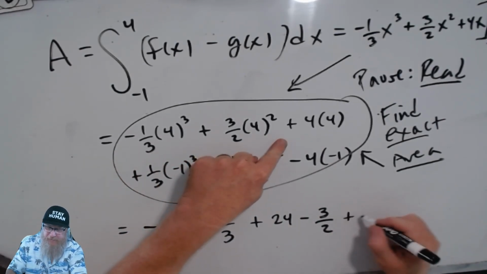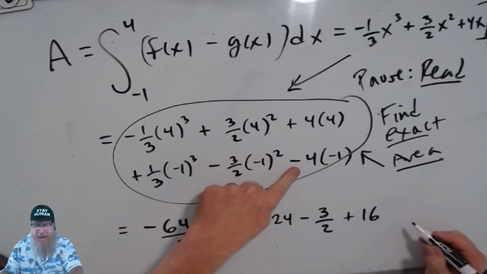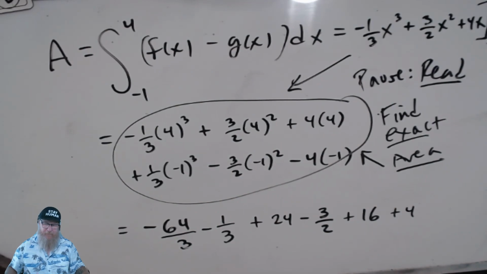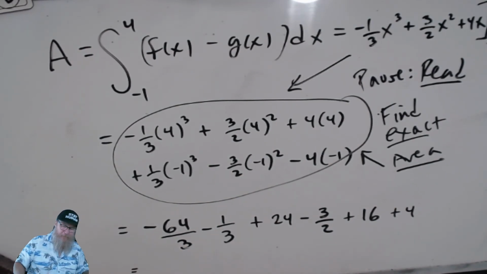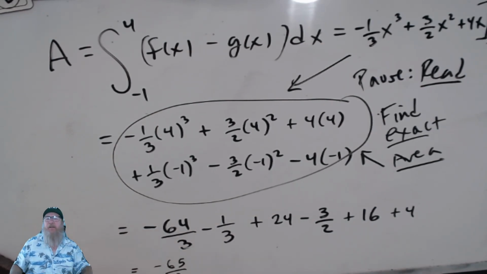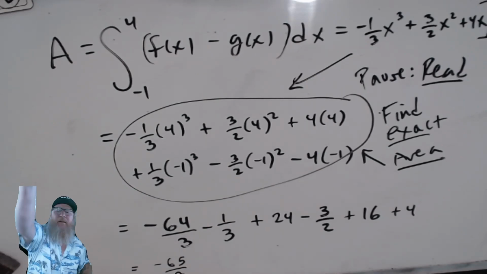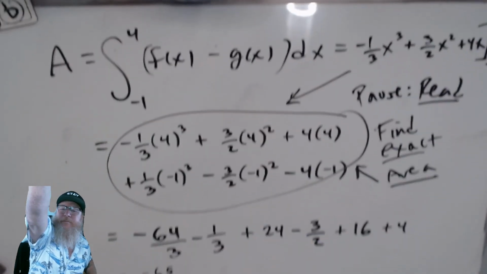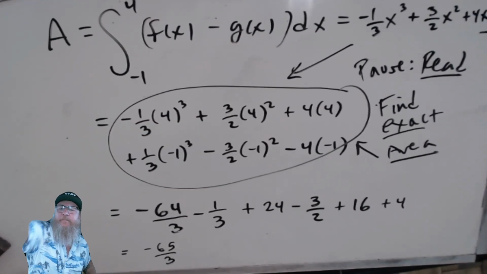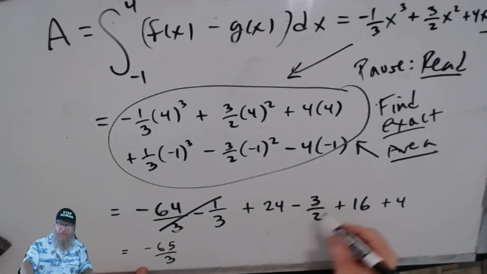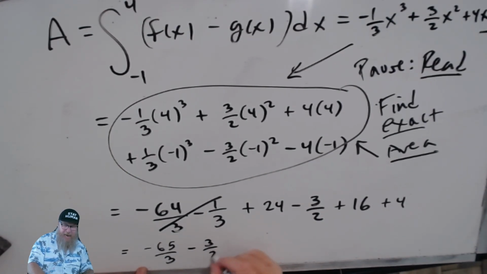4 times 4 is 16, and -4 times -1 is +4. So I've got -65/3. That's those two. -3/2.